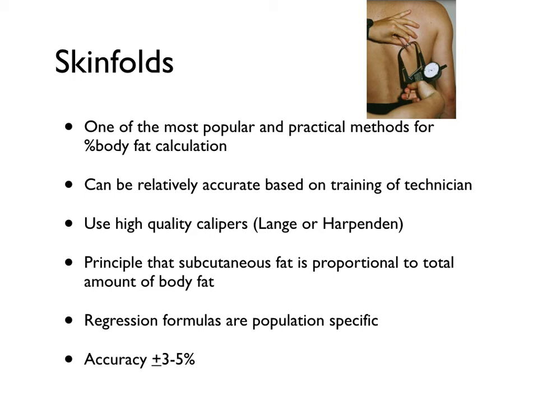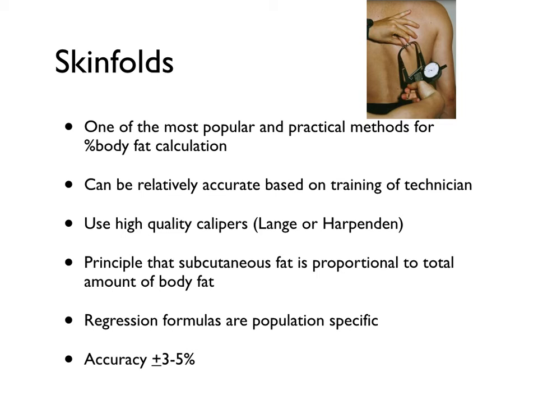So subcutaneous fat, the principle behind skin folds is that we have fat underneath our skin, and by taking measurements at different parts of our body, so there's a chest measurement, there's a measurement on the back, the thigh, the hip, the abdomen. So we take these different measurements from different sites of the body and then put them into very specific formulas based on population.